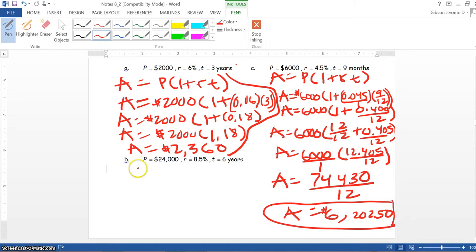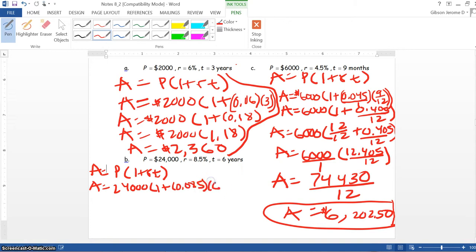Now we come here to B. Same formula. We have A is equal to P times 1 plus RT. So A is equal to, our principal is $24,000. Our rate is 8.5%, which would be 0.085.